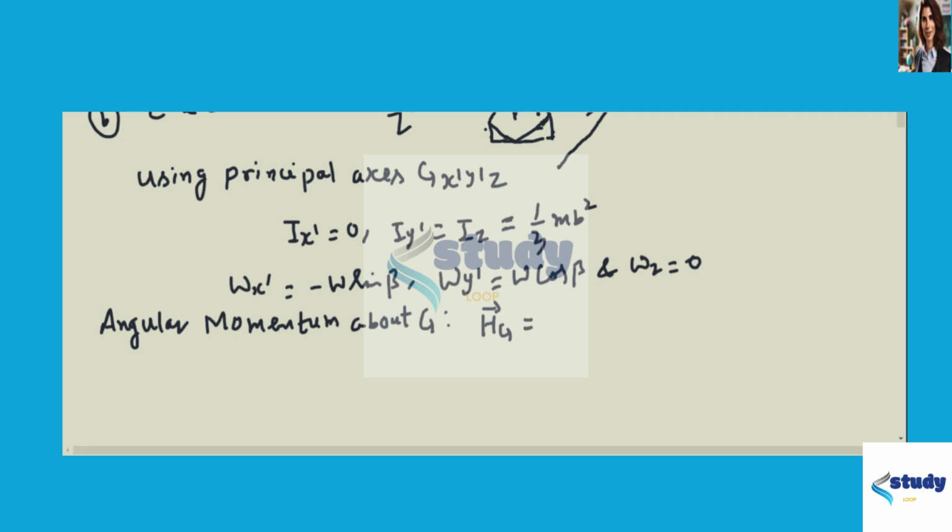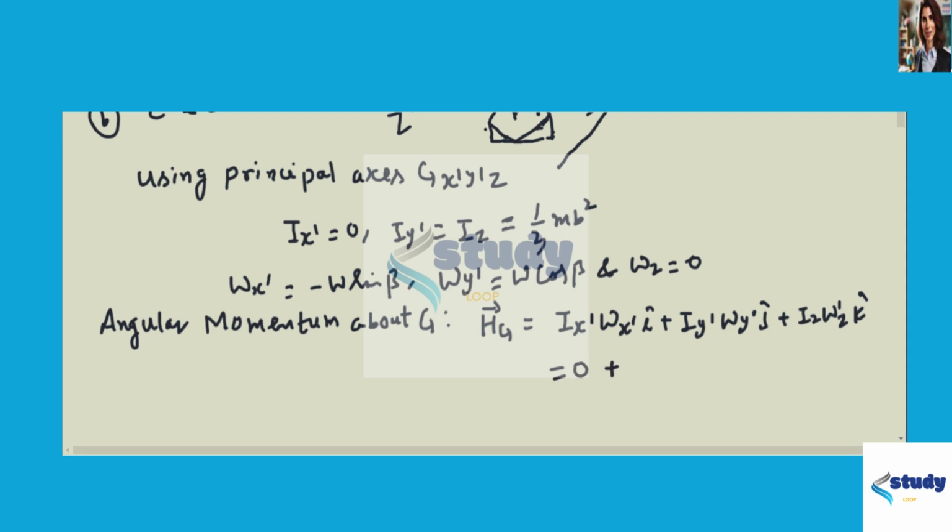Hg, if we find, it will be I x' omega x' i cap plus I y' omega y' j cap plus I z omega z k cap. Now this is 0, so this term becomes 0.